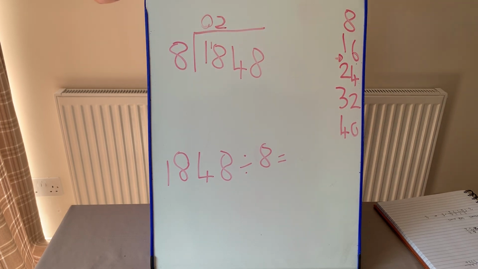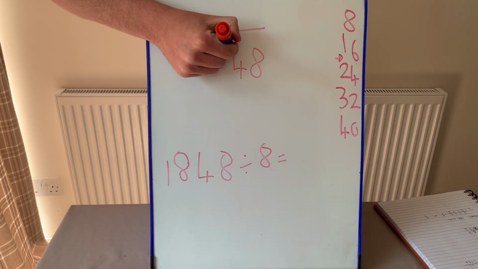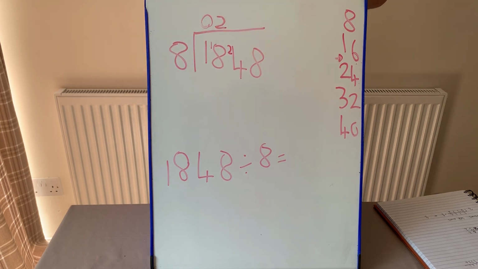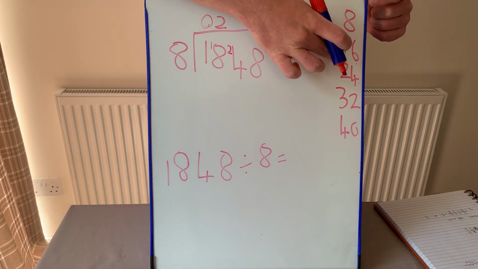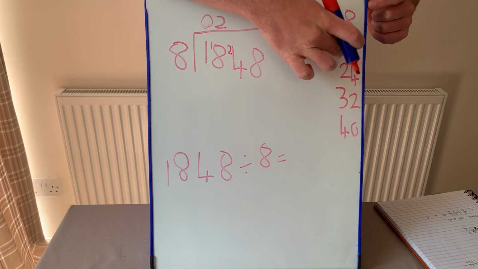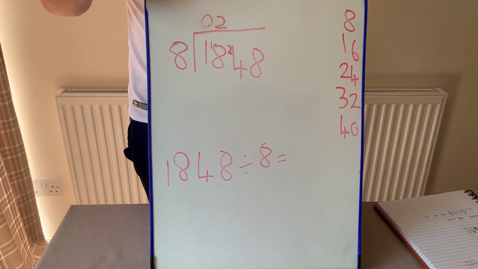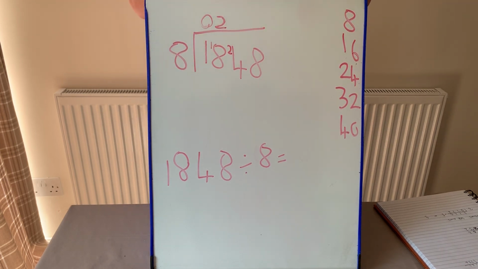But then how many am I going to have left over? I'm going to have 2 left over. Right, now we've done that one, so I'm just going to rub my little arrow out. So I know that I've got 2 left over because I'm imagining that I've got 18 sweets. I love sweets, that's why I always use sweets. 18 sweets, and I've given 16 away to my friends. I've only got 2 left for myself now.